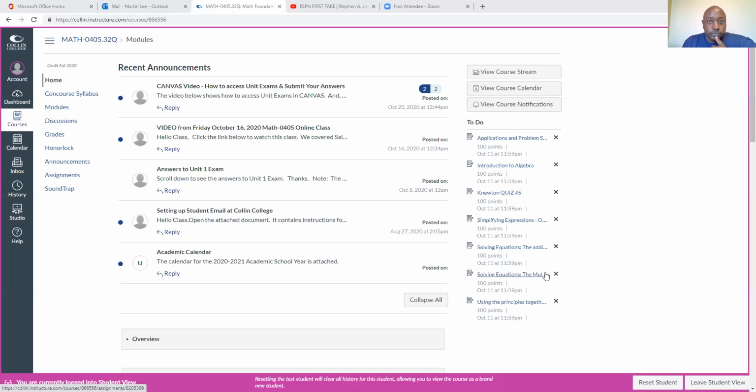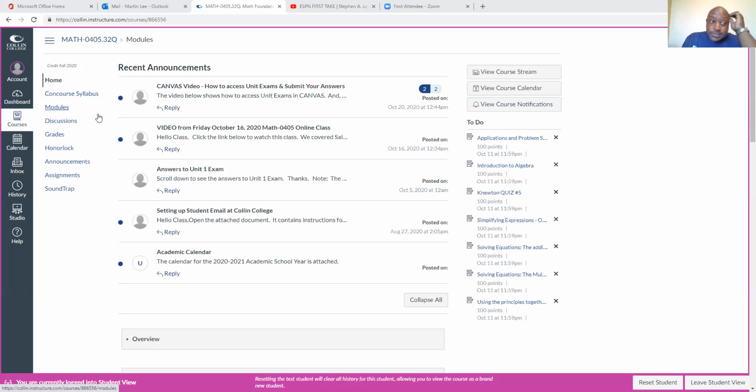So let's start by looking at where the Unit 2 exam is. Is this showing up okay? Me being inside of Canvas? Okay, good.